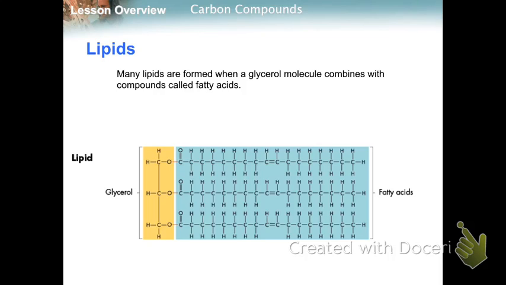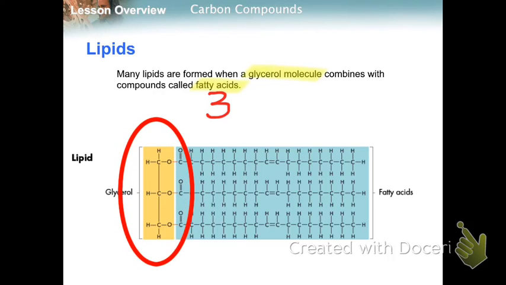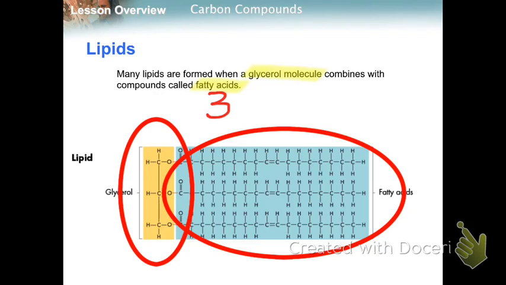The building blocks of lipids, the monomers, are a little bit more complicated here. It's a glycerol and three fatty acids. So we have the glycerol here in the yellowish orange, and then we have the 3 fatty acids in blue.